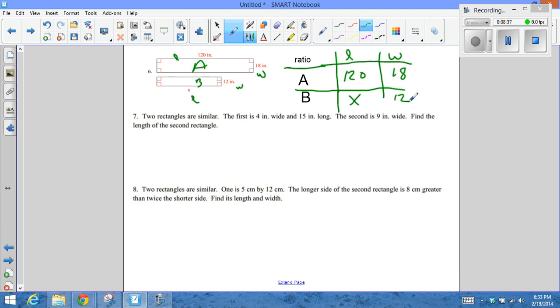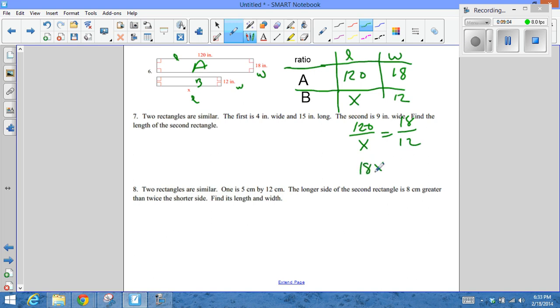Okay, so I can set up my proportion here. Is 120 over X. And that's equal to 18 over 12. I think you have more space on yours to write, so that's good. So I'm just going to write over top of this here.